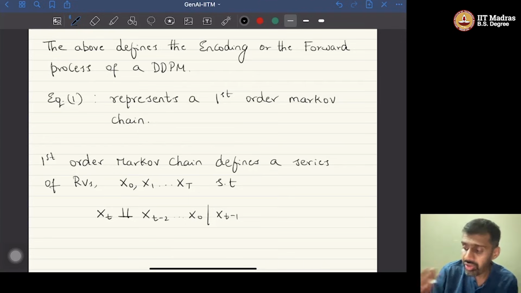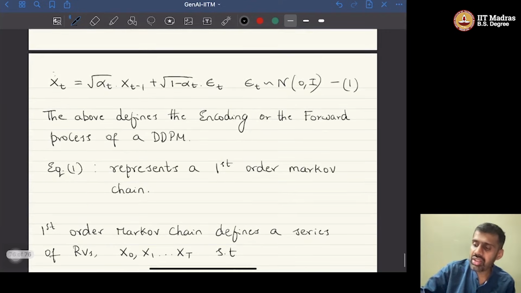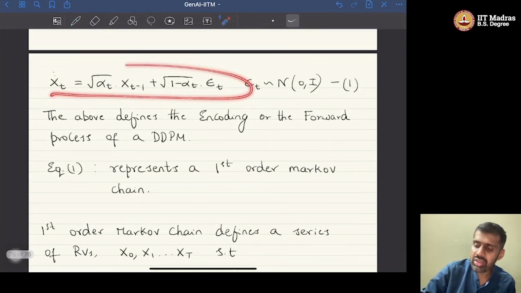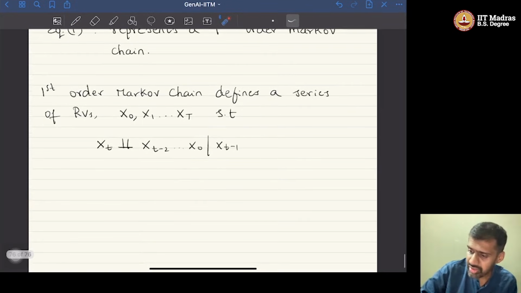So if I know what my xt minus 1 is, then my xt is independent of the entire past, given that I know the immediate previous random variable. This is the definition of a first order Markov chain, and it's very easy to show that this expression, which is the encoding or forward process of a DDPM, represents a first order Markov chain. So what does this imply?